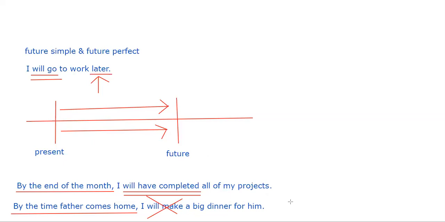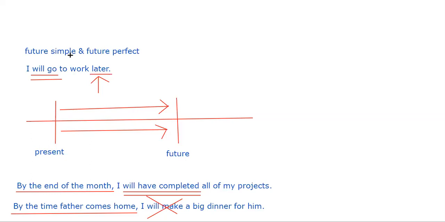So the future simple is different from the future perfect in that the future simple takes place entirely in the future. Whereas the future perfect implies that you're starting from the present and leading up to the future. So the future simple can't be used for actions that start in the present and lead up to the future.